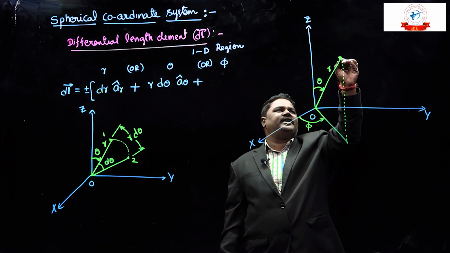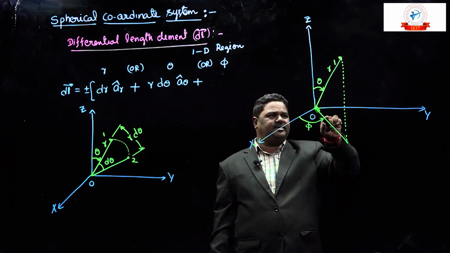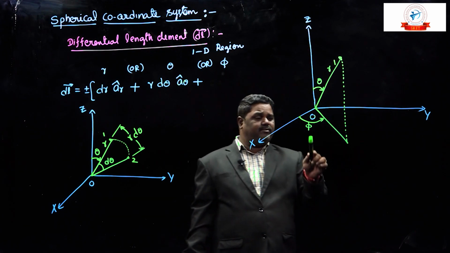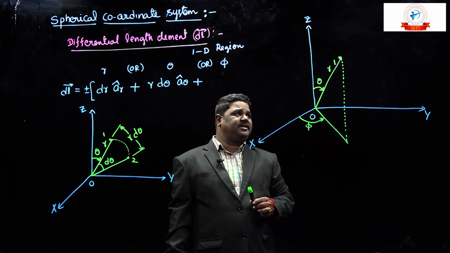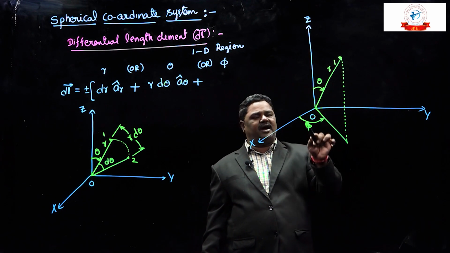So initially the point is at location 1, located at r units from the origin, making theta vertical angle with the z-axis and making phi horizontal angle with the x-axis. So this is the way we can represent a point with r, theta and phi.